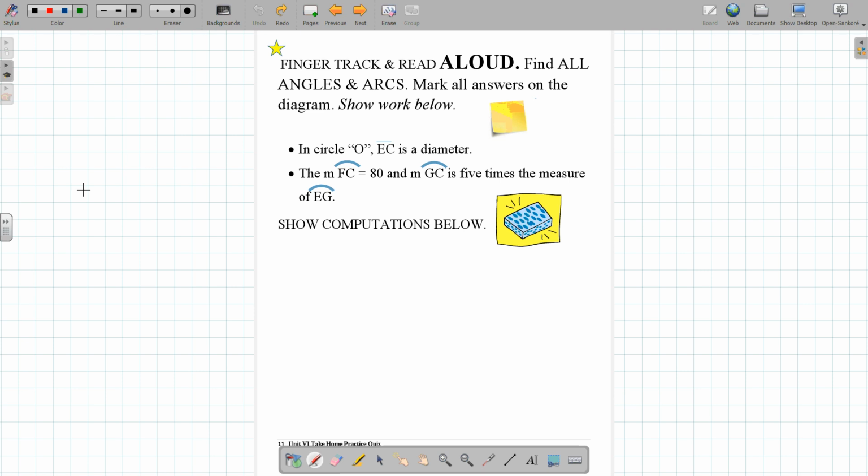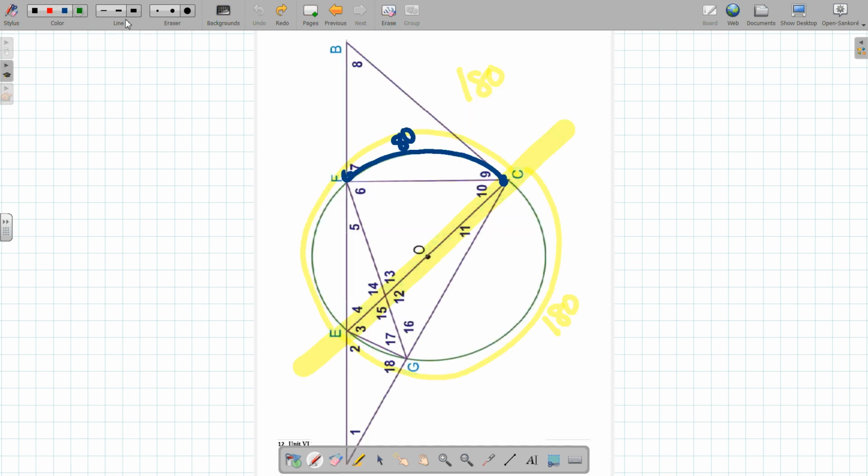Next, we're told that the arc C to G is 5 times greater than E to G. Knowing that, find all possible arcs and angles.